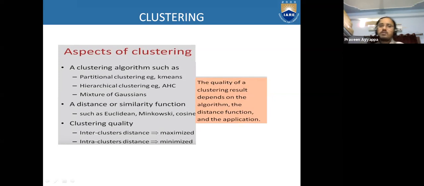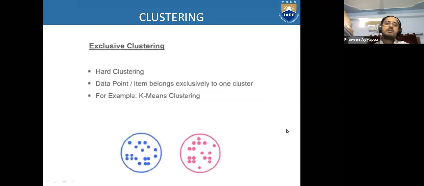So this is about the different types of clusters. Next, let us move on to the exclusive clustering, which is also called hard clustering, where the data point belongs exclusively to one cluster.